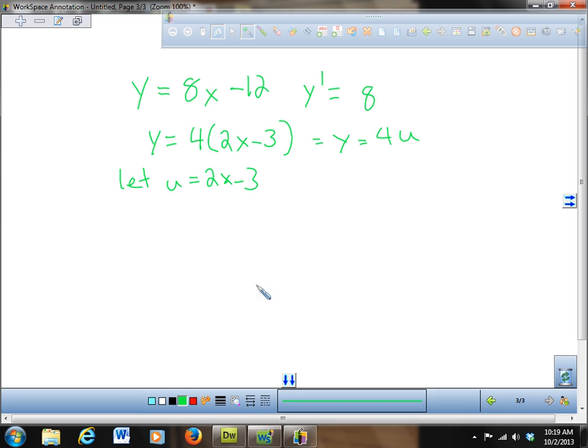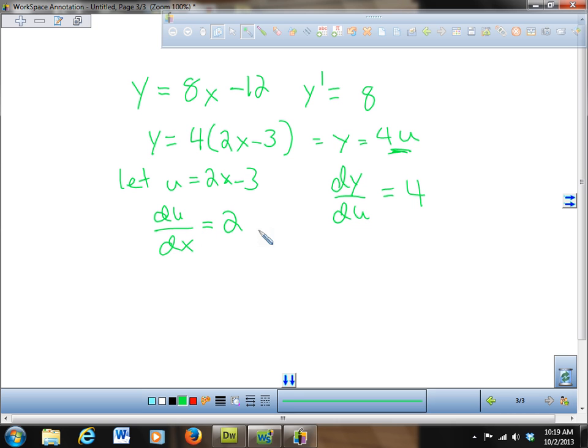And then I can take dy/du. What's the derivative of this function with respect to u? 4, right? The u is the variable. What's du/dx over here? 2, right?